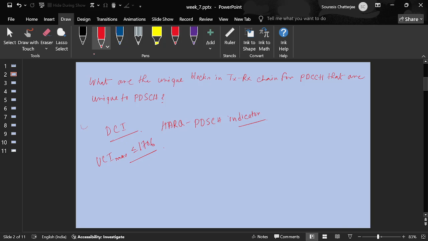So in the PDCCH chain we have seen there is always one block, but when it comes to uplink control information, we have seen the polar encoder can handle a maximum of 1024 bits, right? So when the UCI length is more than 1024, how do we handle that in the PUCCH chain?